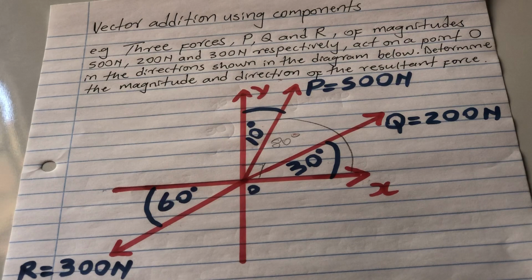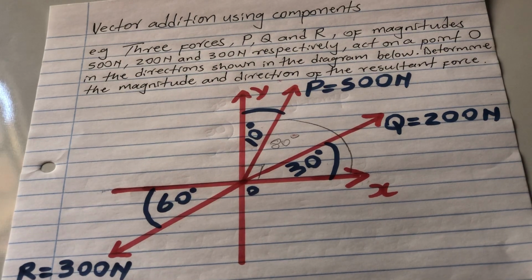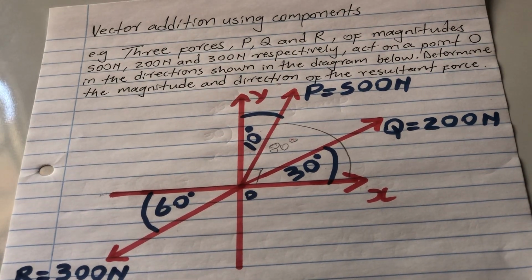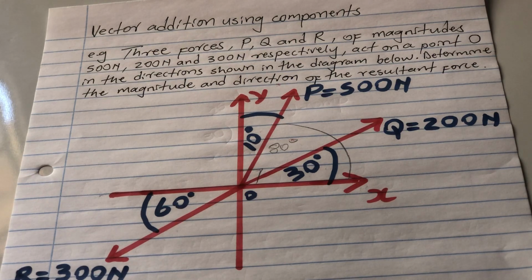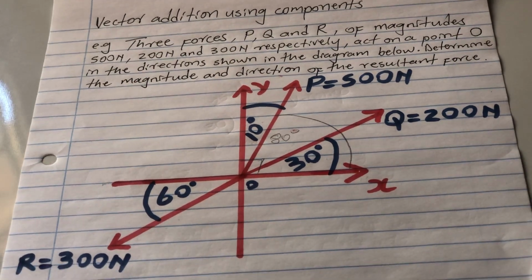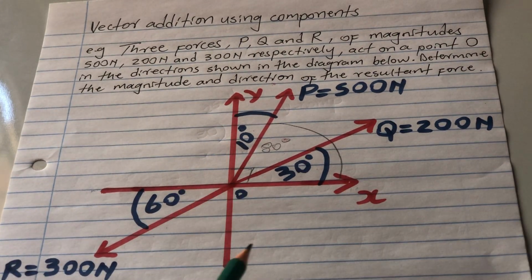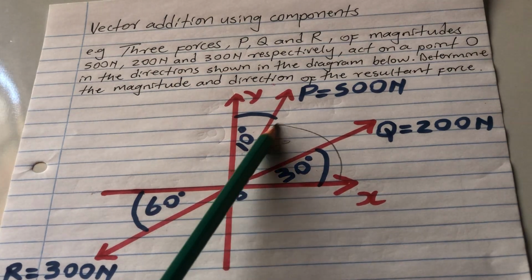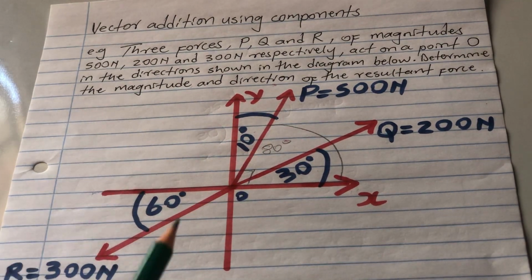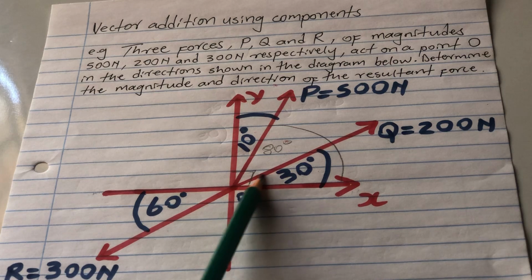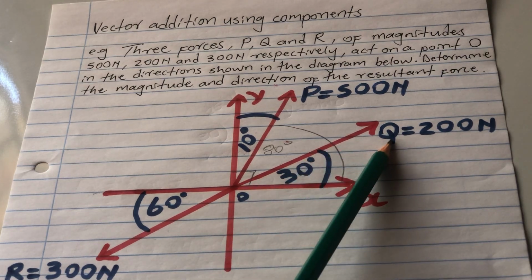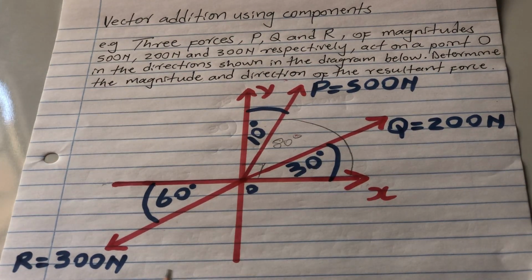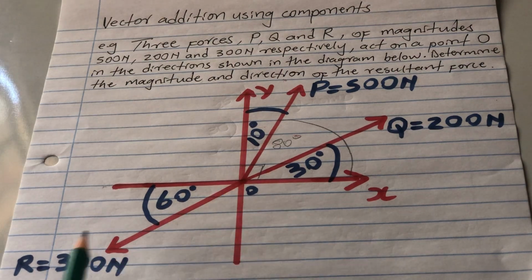I just named it F. It means that we must look for the x component of vector P and the x component of vector Q and the x component of vector R.